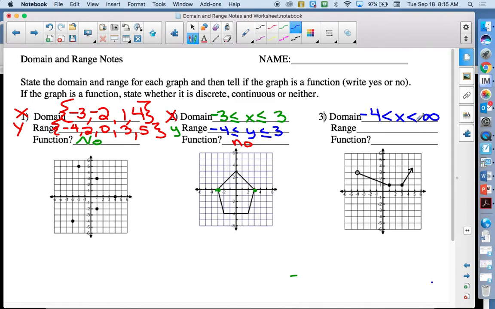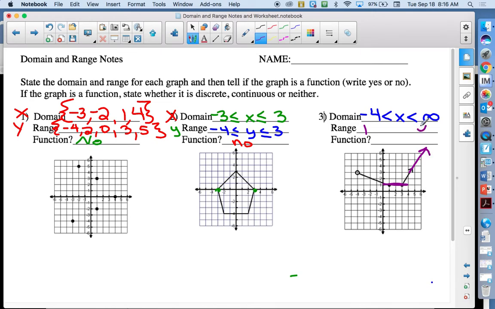Okay, let's try and do the range. So looking from the bottom to the top. Garrett, what's the lowest y value of this graph? That would be 1. 1, yeah. So the lowest point is right here at this horizontal piece, which is just 1. And then Garrett, the right side has an arrow that says it continues forever.